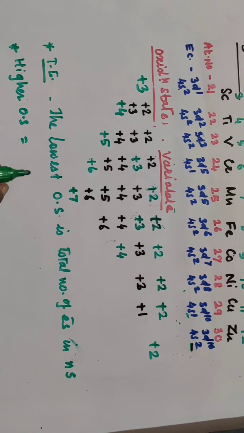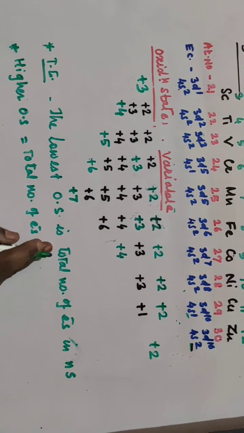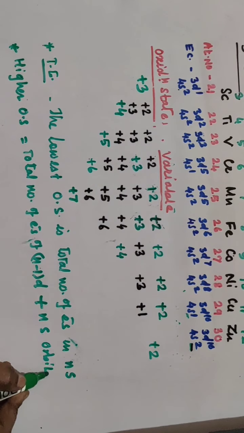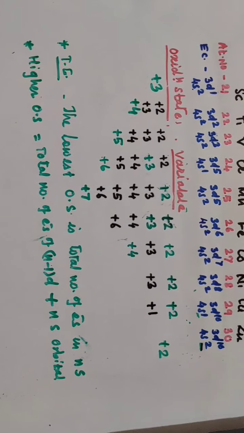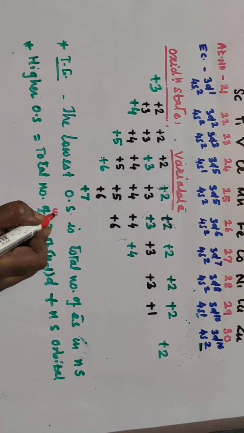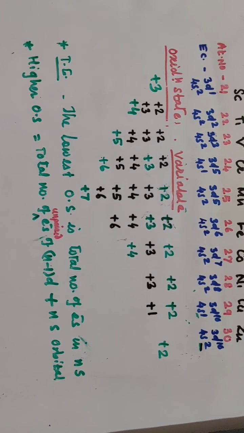Higher oxidation state is nothing but the sum of the total number of unpaired electrons of the n minus 1 d orbital and the number of electrons in ns orbital.